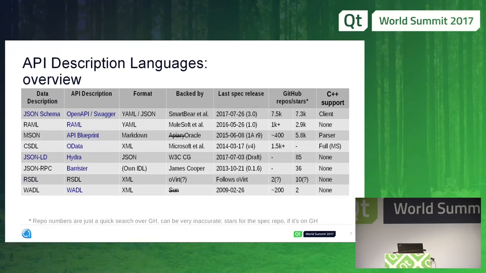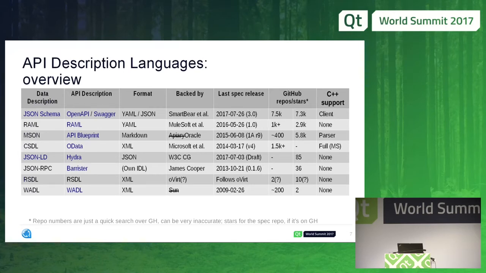RAML, no C++ support. Again, it could be there. There is nothing preventing anyone from writing such a code generator. It's just not written by anybody. Meanwhile, RAML can be used to produce code in Java, in Python, in Ruby, all the modern, fashionable kids on the block. API Blueprint, basically the same story.